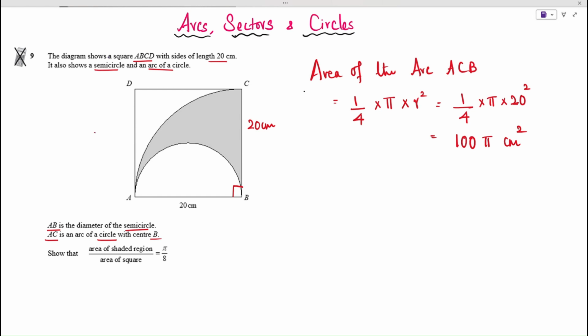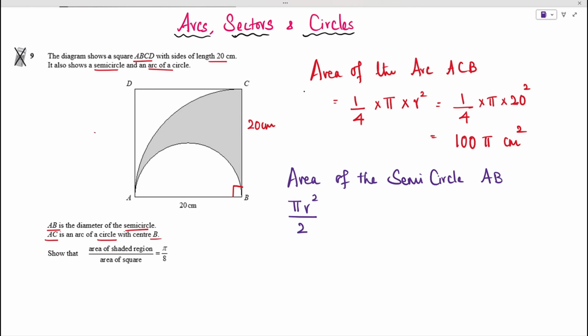Now to find the area of our shaded region, we have to now subtract the area of the semicircle. So we find the area of our semicircle AB. And the semicircle is half of a circle.